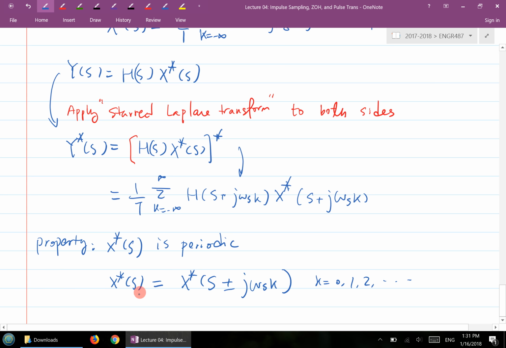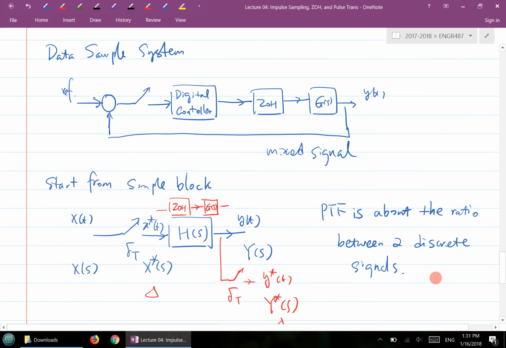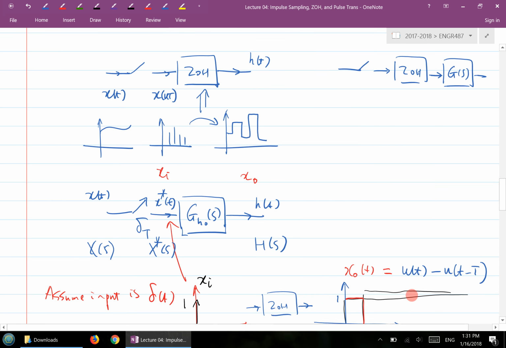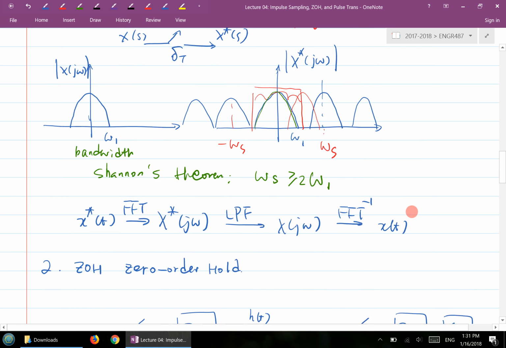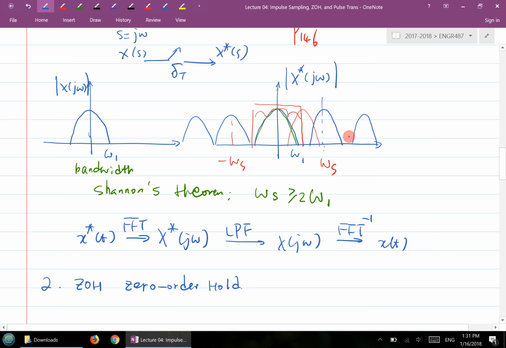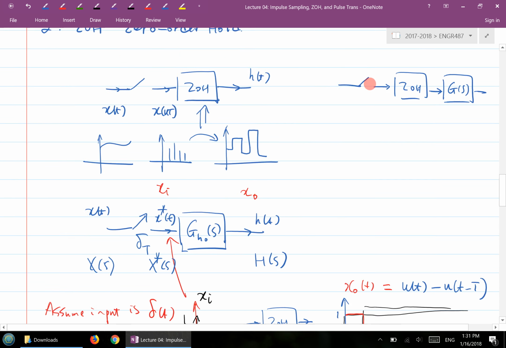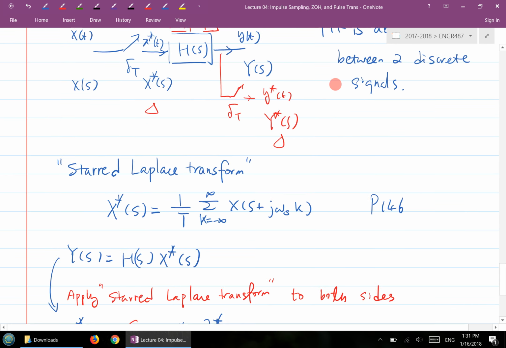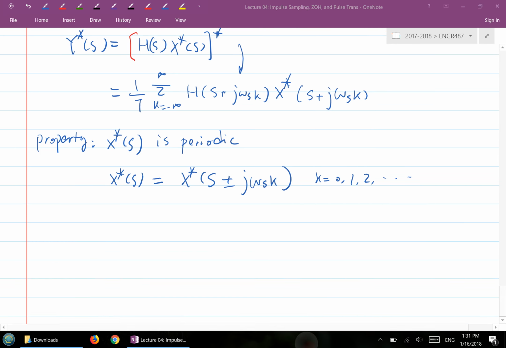This x star of s, if you think about the drawing that we drew here, is a periodic function, repeating itself, at intervals of omega s.